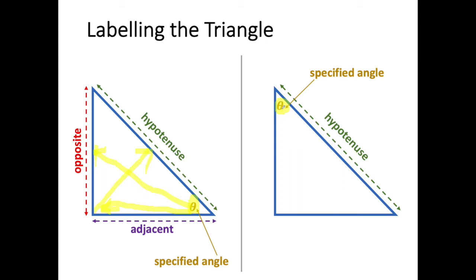Opposite that angle is my opposite side, and adjacent to that angle, the line running next to it, is my adjacent side. You can see that when the specified angle moves, the opposite and adjacent sides switch around. That's why it's very important to look at the specified angle before we determine what is the opposite side and what is the adjacent side. That is how we label the triangle when we're working with trigonometry.